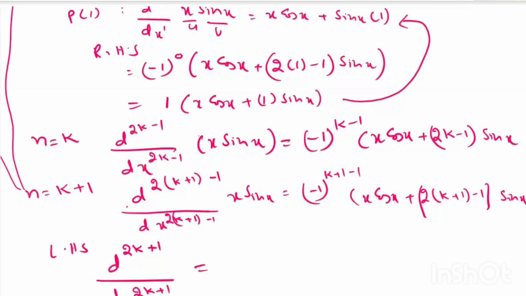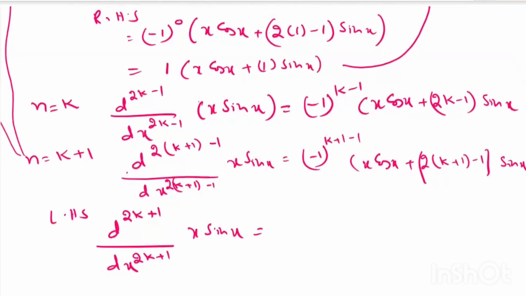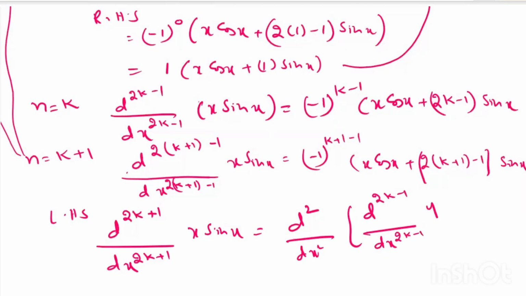Now we have to deal first with this side, x sine x. How to deal with this? In this case, we could write it as d^2/dx^2 of d^(2k-1)/dx^(2k-1) of x sine x.